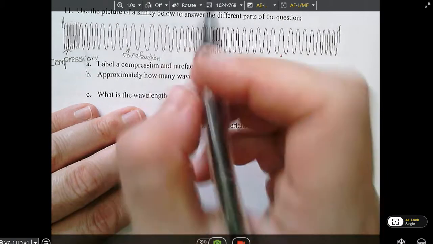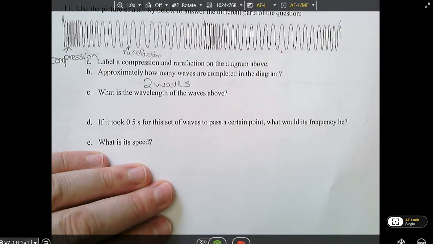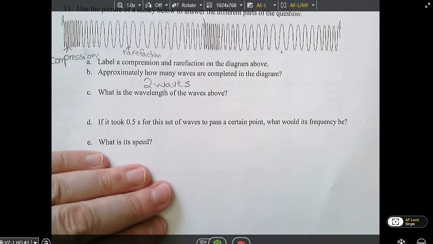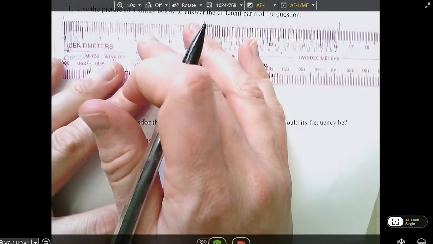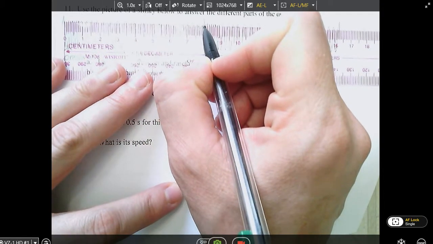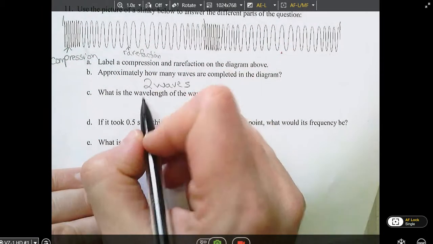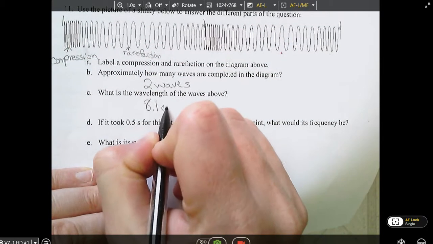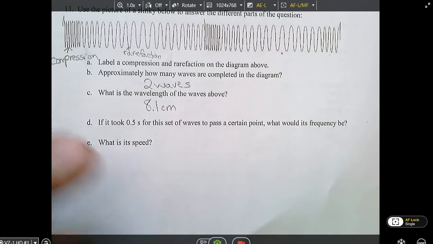There are approximately 2 waves here. So now I need to measure that. The length of one of those waves is from the beginning here to beginning here. And I would say that's about 8 centimeters. I think I put 8.1 on the key. I was pretty generous with that one though, because it's a little tougher to measure.